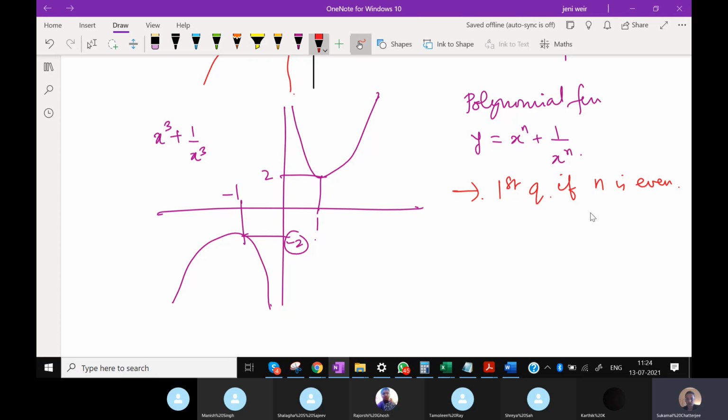And the value will, of course, remain the same. The minima will be 2. And that will happen when x to the power n equals 1 or x equal to 1.